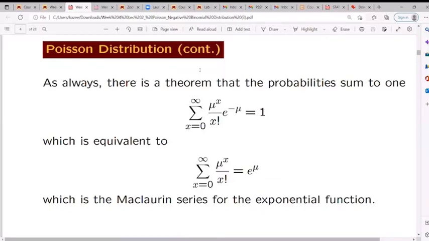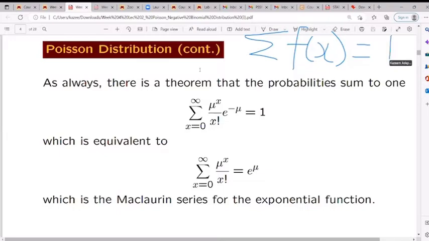You remember the other time, if f of x is a discrete probability distribution, when I sum that over the range of the state space of X, it should give me 1.